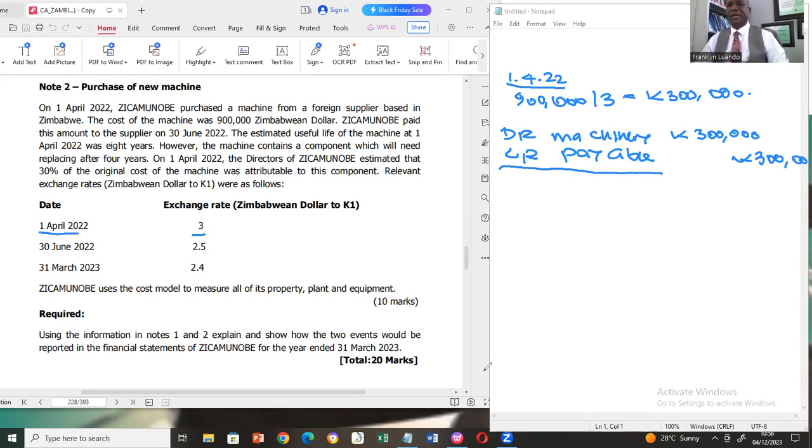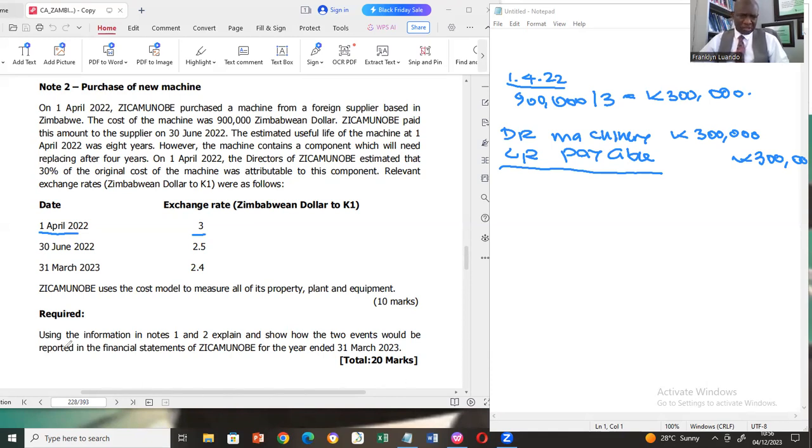The machine is a non-monetary item. It will remain at 300,000 kwacha in the books of ZICA Munobe. The accounts payable is a monetary item which will be retranslated at the settlement date or at the reporting date, whichever comes earlier.